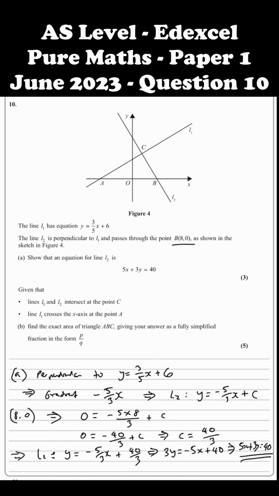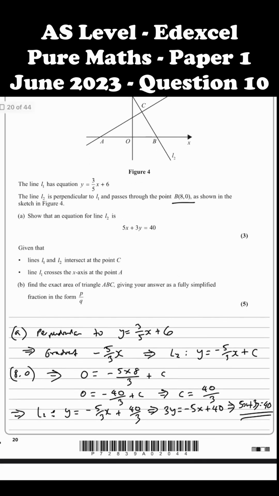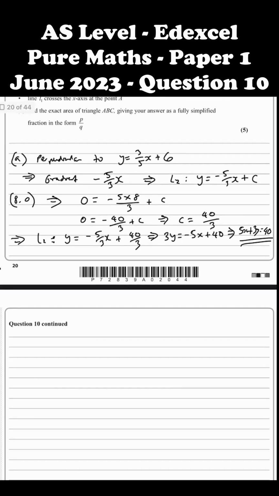Now, given that lines L1 and L2 intersect at the point C, and line L1 crosses the x-axis at the point A, find the exact area of triangle ABC, giving your answer as a fully simplified fraction in the form P over Q. Well, we have point B already. So B is (8, 0), which we know.